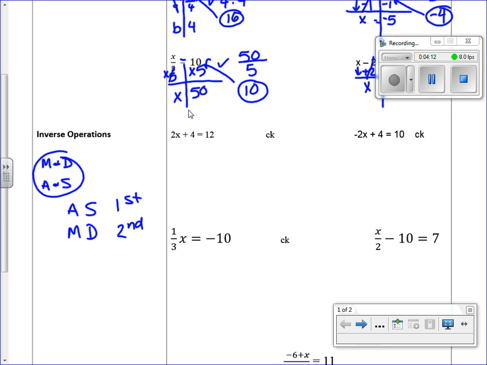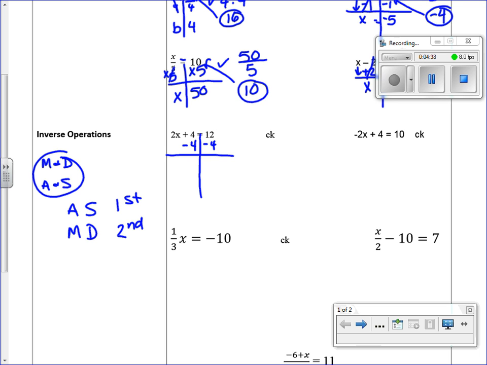First thing I'm going to do, just like with my one-step equations, is draw my line. Now, Aunt Sally, my dear, so I have to take care of this addition first. So I'm going to subtract. The opposite of plus 4 is minus 4, and whatever I do to one side, I do to the other.